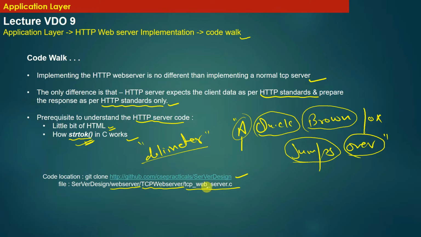As you know, in the HTTP web server client model, the client is nothing but a browser. So you don't have to write any .c file to implement HTTP client functionality, because your client itself is a browser.